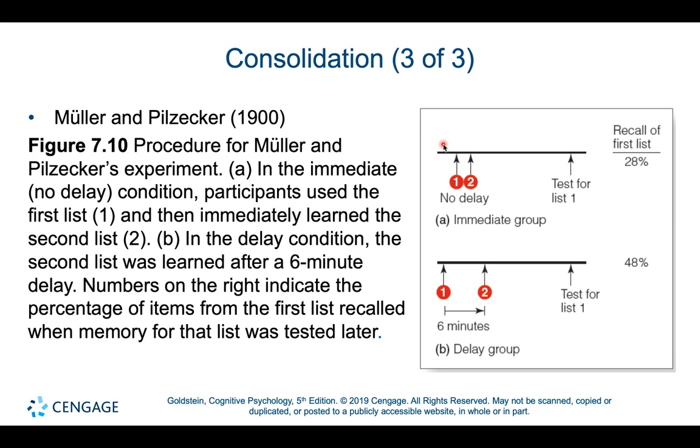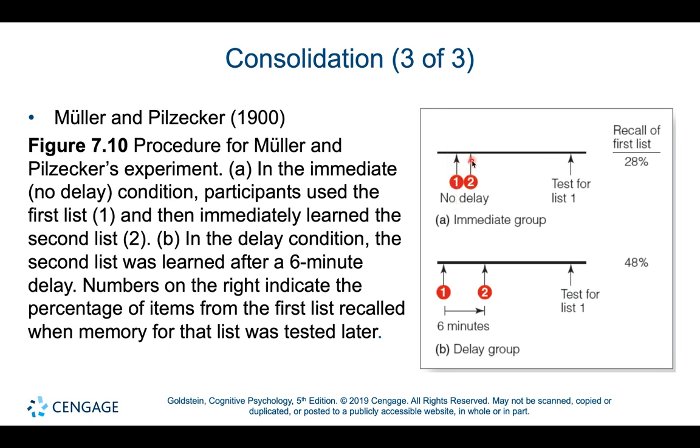And so what we find is that consolidation requires at least some amount of time, such that if we give people two lists of information, so you get, I don't remember exactly how many words were in this experiment, but let's say that list one is 30 words that you have to remember, right? Here's a list, try and remember it.